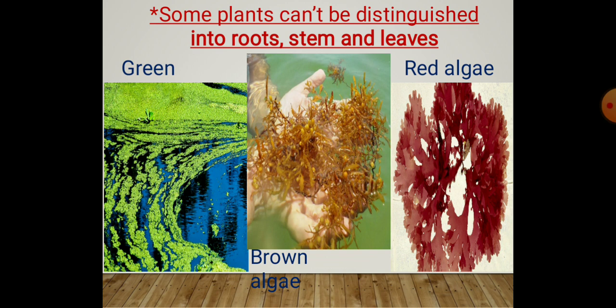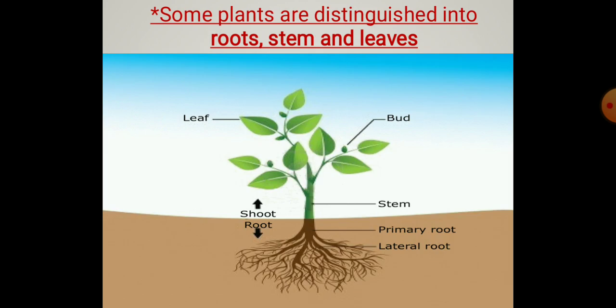And we have many different types of algae, such as green algae, brown algae, and red algae. Perfect. Number two, most plants are distinguished into roots, stem, and leaves. Example, maize or corn, wheat, palms, and camphor plants. Perfect.